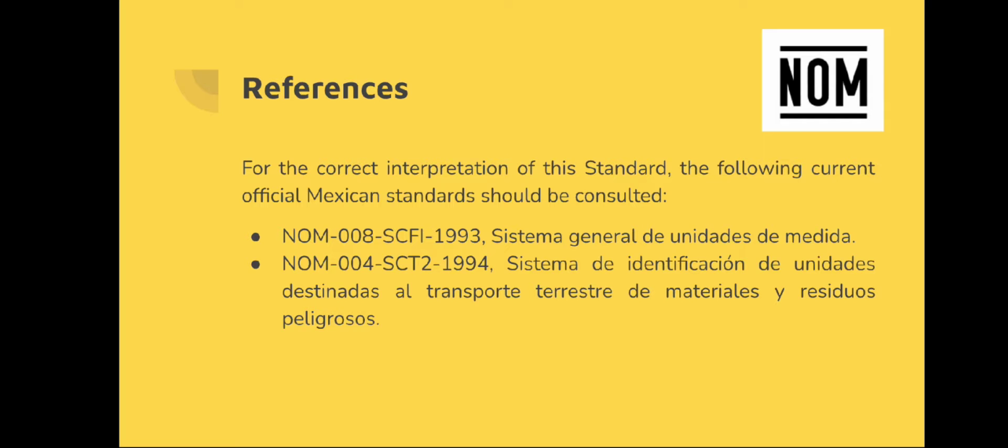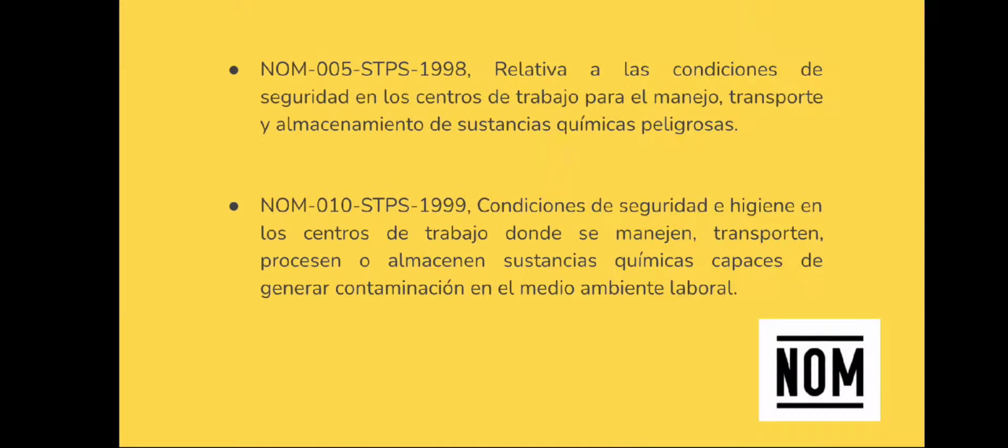Sistema General de Unidades de Medidas, NOM-008-STPS-1993, NOM-004-SCT2-1994, Sistema de Identificación de Unidades destinados al transporte terrestre de materiales y residuos peligrosos, NOM-005-STPS-1998, relativo a las condiciones de seguridad de los centros de trabajo para el manejo, transporte y almacenamiento de sustancias químicas peligrosas, and finally, NOM-010-STPS-1990, condiciones de seguridad e higiene en los centros de trabajo donde se manejan, transporten, procesen o almacenen sustancias químicas capaces de generar contaminación en el medio ambiente laboral.